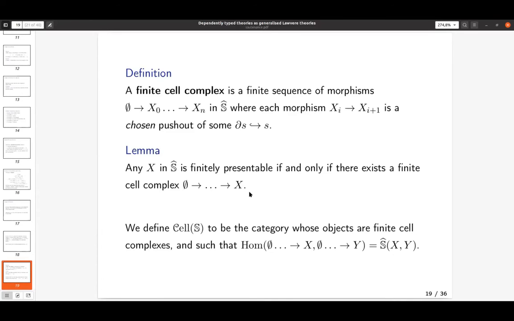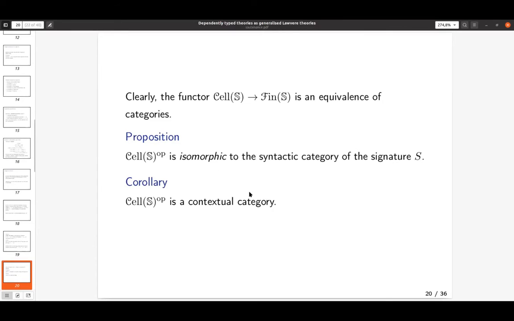Of course, it's not difficult to show that a presheaf X on S, S being a locally finite direct category, is finitely presentable if and only if there exists a finite cell complex that ends in X. And so we define this category of cell complexes over S to be the category whose objects are finite cell complexes and such that a morphism between two finite cell complexes ending in X and ending in Y respectively is just a morphism of presheaves between X and Y. And this slightly convoluted definition serves the following purpose.